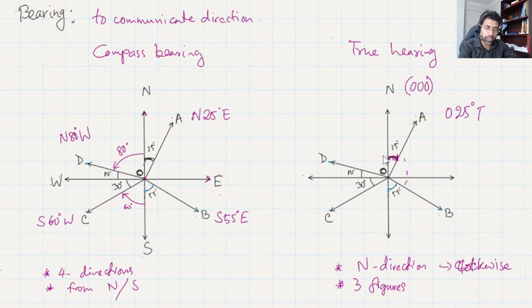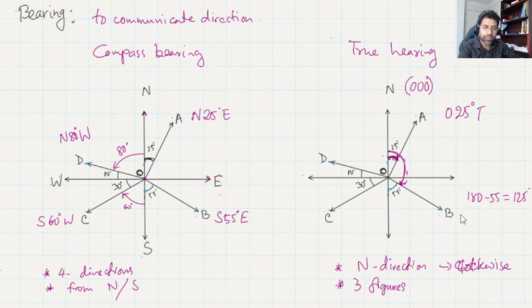Okay, sorry, clockwise direction. So if I look at the second point B, you know that the angle is created with the south, in this direction. So how much is that one then? We need to look at this one. You can see that it is 55, or you can consider 180 minus 55, then you get the rest of that part, right? Because all the way from here to here is 180, so 180 minus 55, which gives us 125 degrees, am I right?